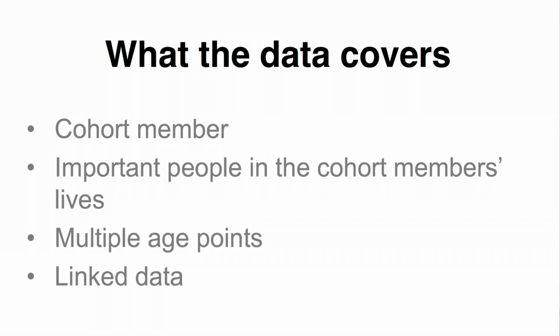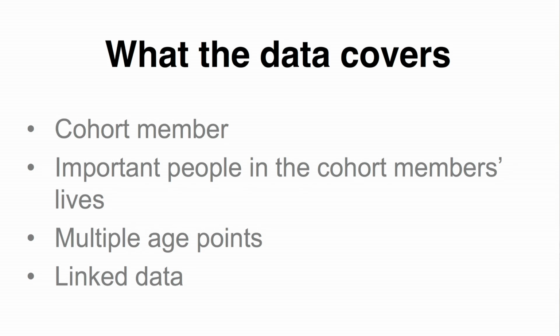As I mentioned before, multiple age points. So surveys closer together as they're growing up, and then they get further apart, 4 to 5 years, as the cohort member gets older. You can understand that's because as children are younger, they're changing faster, so it's important to capture that information more frequently. And then something we're really trying to do more of is linking the survey data that we have in the cohort studies to administrative records.